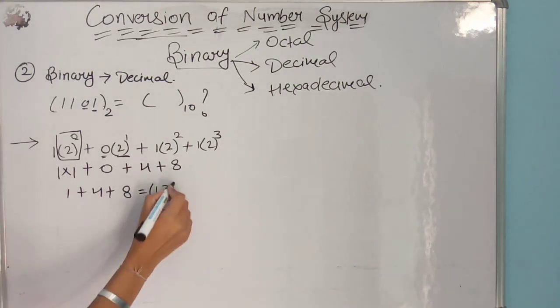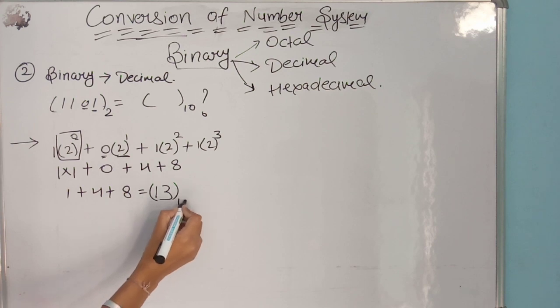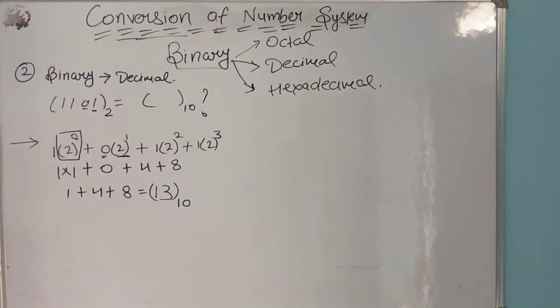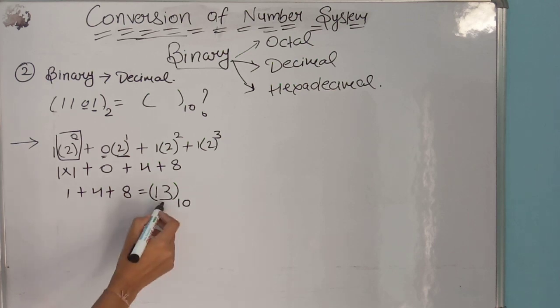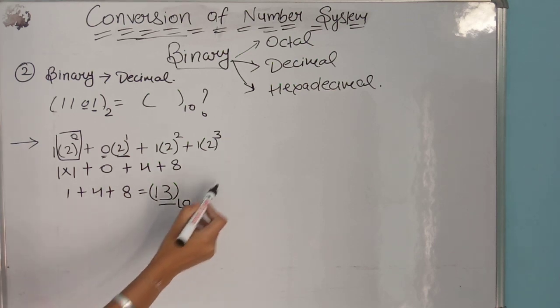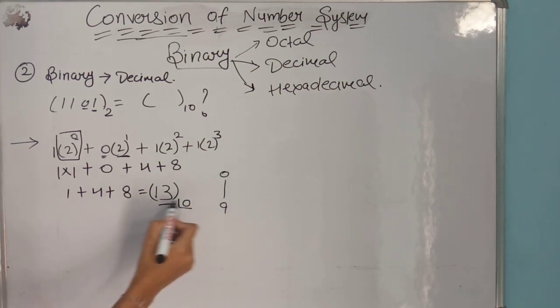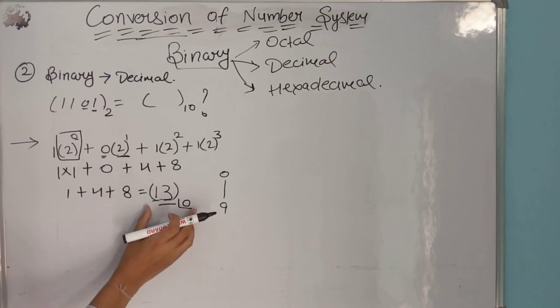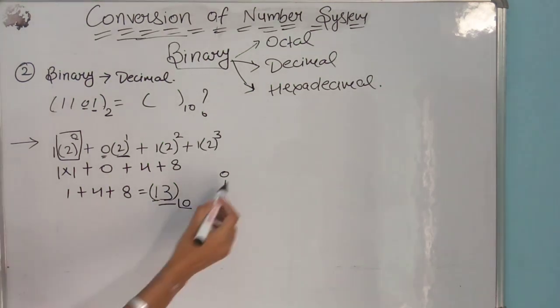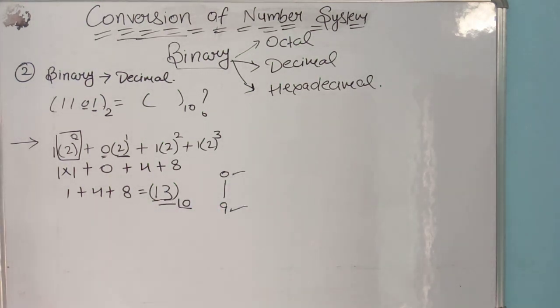So now this is a decimal number. Verify it: decimal contains digits 0 to 9, and the digits in this decimal number are also between 0 to 9. So this is the conversion of binary to decimal without decimal point. Now we will discuss the conversion using a decimal point.